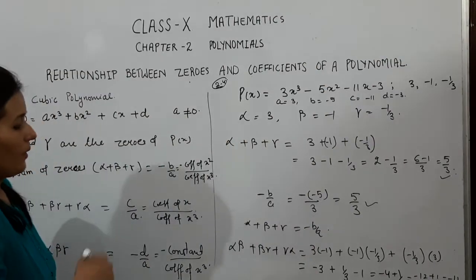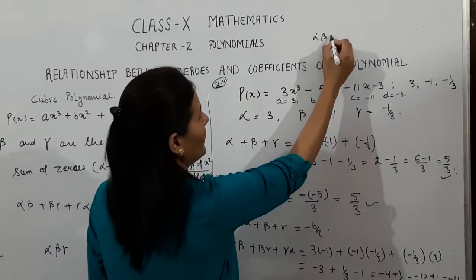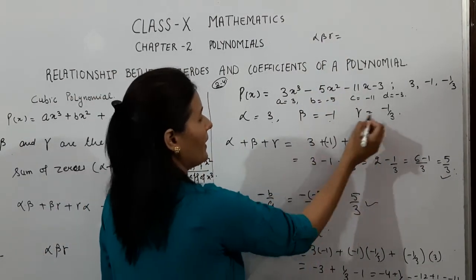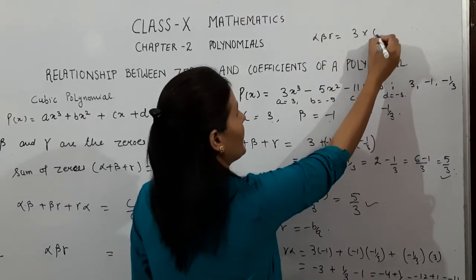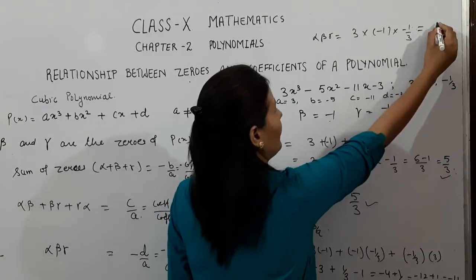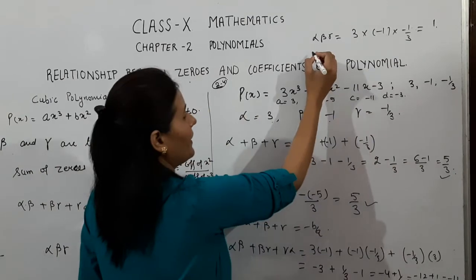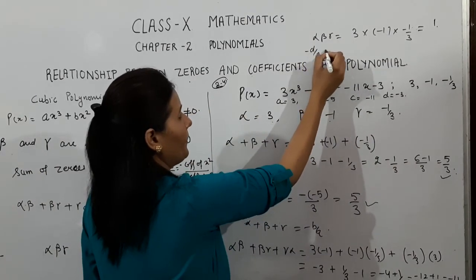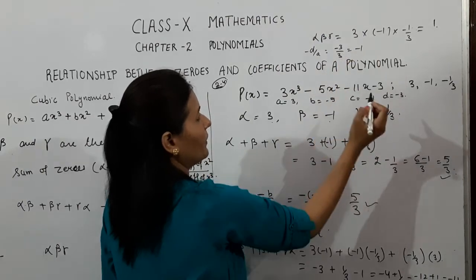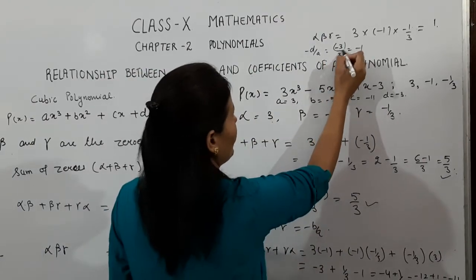Now the third and last relation: alpha into beta into gamma. It is the multiplication of 3, minus 1 and minus 1 upon 3, which will be equal to 1 only. And what is minus d upon a? Minus of minus 3 upon 3, which is 1.